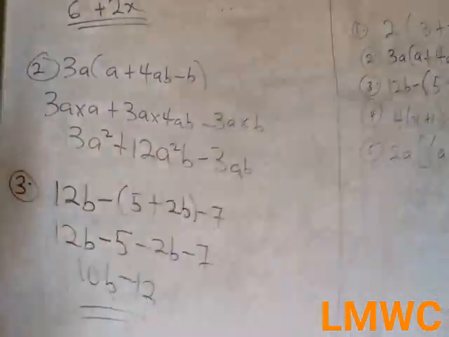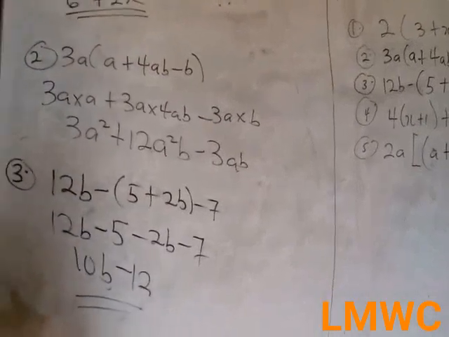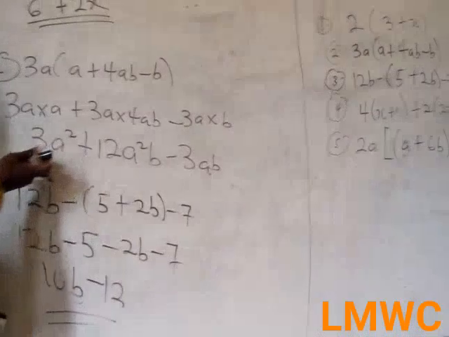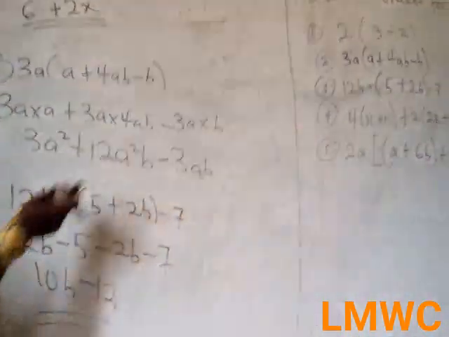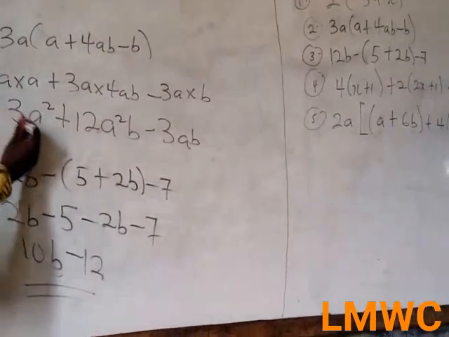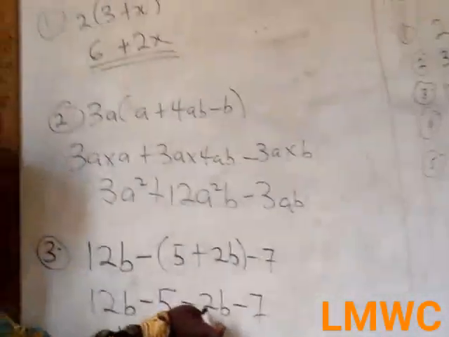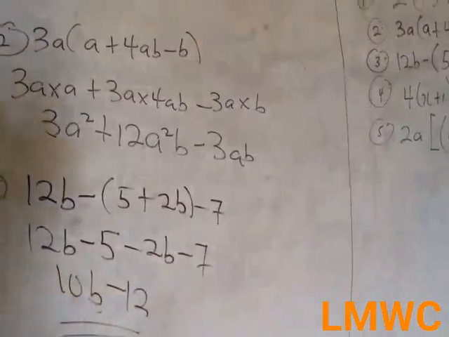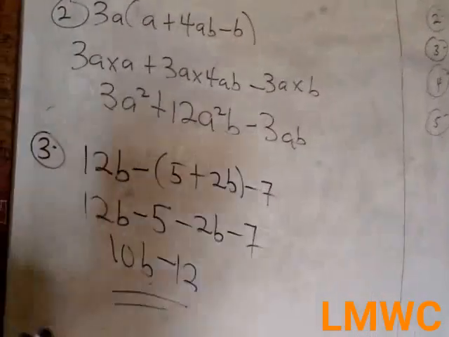So take note, because you can simplify this. But this one, you can't simplify because there are no like terms. That's why I didn't simplify it. But this one, you can simplify because 12b and this b are like terms, and this is a like term.